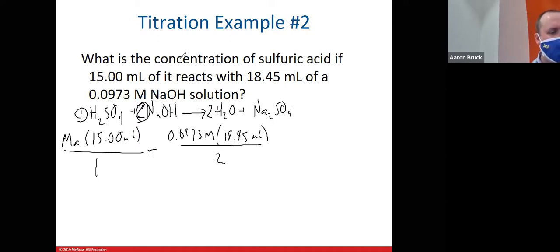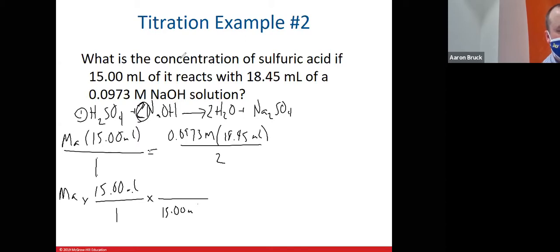Now we need to isolate. To isolate, I'm going to have to multiply by the reciprocal of the fraction that is around MA. So I've got MA times 15.00 milliliters over 1. I'm going to need to multiply that by the reciprocal, 1 over 15.00 milliliters.